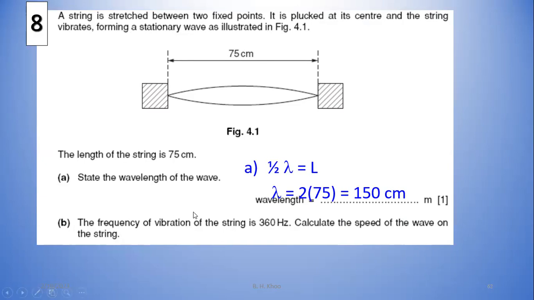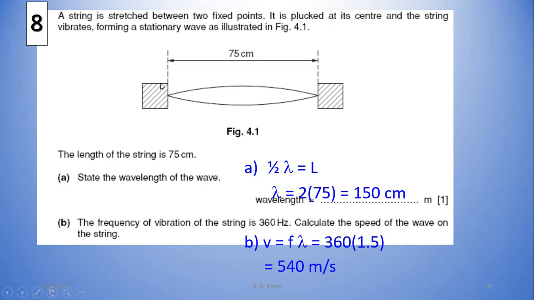Calculate the speed, the frequency is given now. Calculate the speed of this wave on the string. 540 meters per second. They just want you to know the formula. Always remember to write down the formula. That's how you show your working. Sometimes the formula is worth 1 mark.